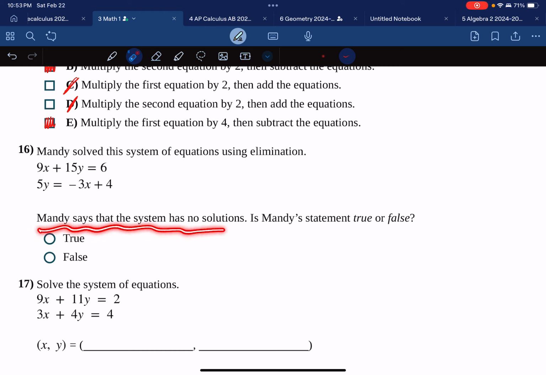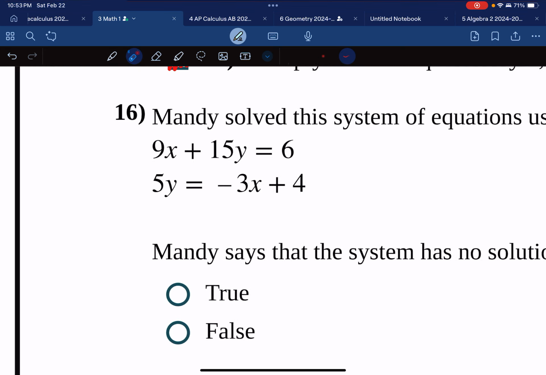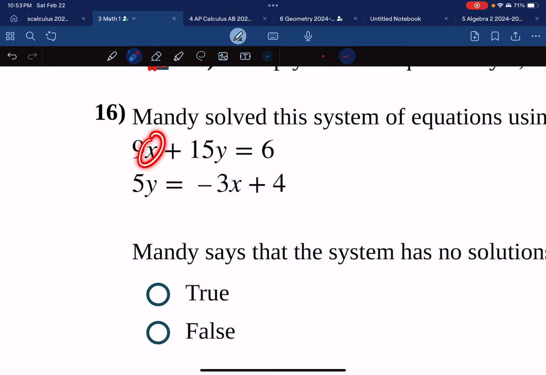Mandy says that the system has no solutions. Well, I guess we need to do what she did. If she's using elimination, let's see if we can follow in her footsteps. I want my x's and y's to be lined up. The y's on the left, x on the left. This x is not on the left, so you need to move over here.